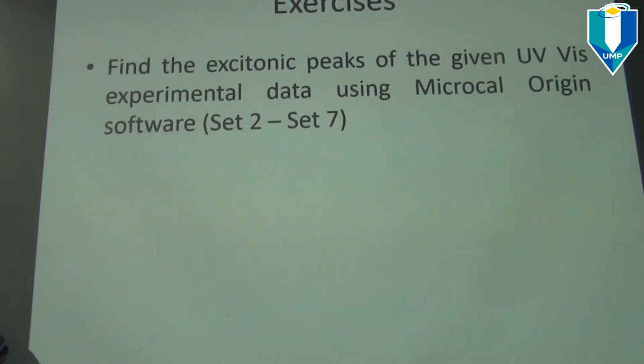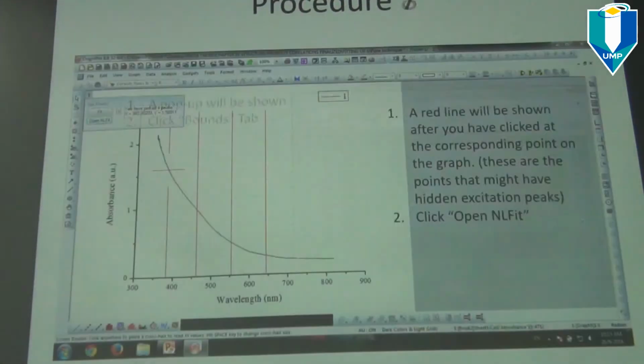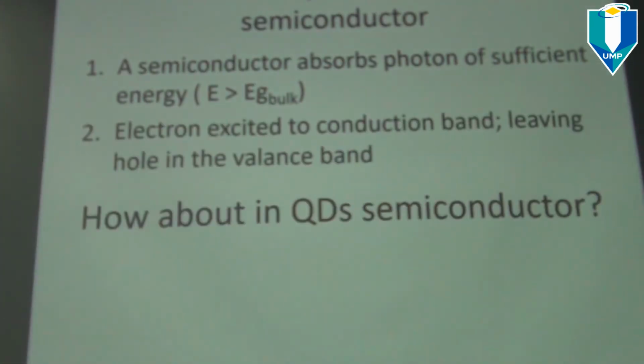So you still have more data sets, right? Try giving them to other members to try with a different data set. We have set 2 until set 7. There are many sets. Try the sets.